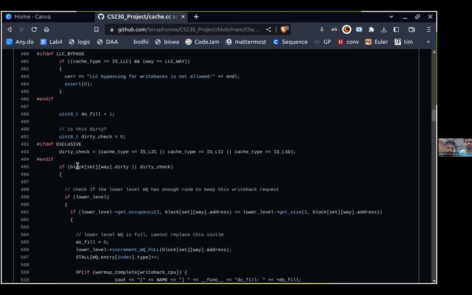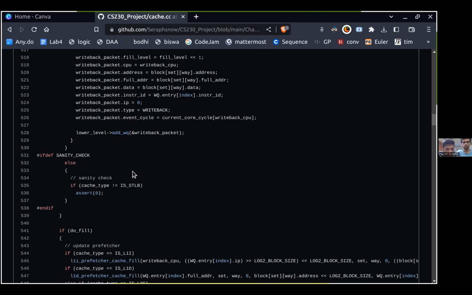So suppose we got a block in the write back of, let's say, an L2 cache, and if the write back is evicting some other block, then again we need to do the same thing, irrespective of it being dirty or not. We need to send it to the write queue of the lower cache, and this happens only in L1 and L2 cache, because obviously in LLC, if it evicts a block, there's no need to write it to the main memory because it's always going to be present there.